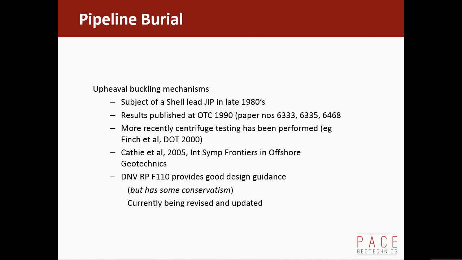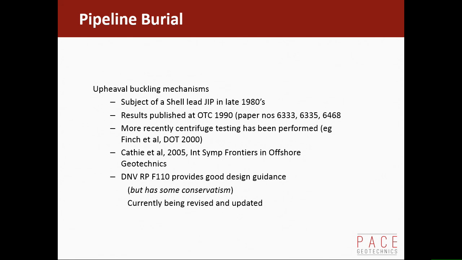Since then, that was based on some model tests really with samples, typical soils or representative soils. The idea of centrifuge testing caught on, where with a relatively small sample, you can model at smaller scale a pipeline and the upheaval buckling resistance of the soils.